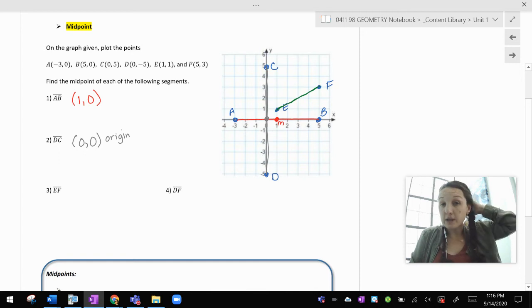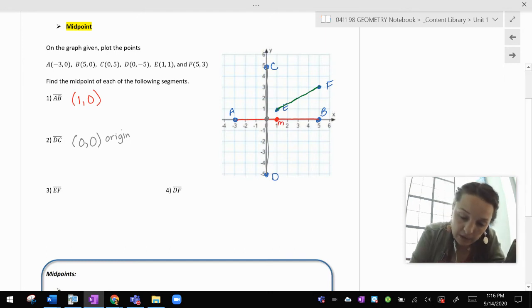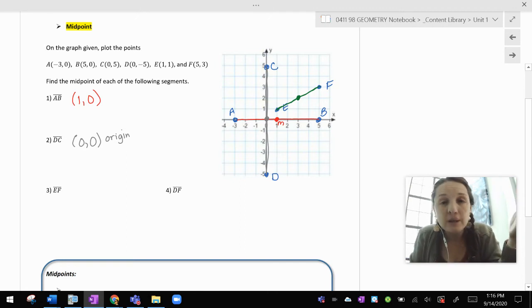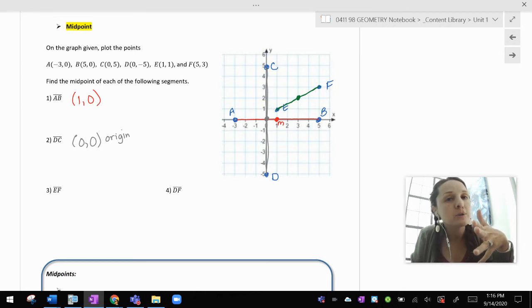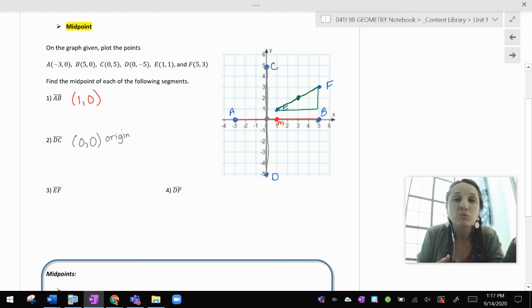Well, there's two ways to get it. One is to use the formula, but I haven't given you a formula yet. And two is to use your noggin. It kind of looks like the middle is right there, but we need to make sure that our kind of looks like is appropriate. So I'm going to count my rise over run from E to F and then cut the rise and run in half.